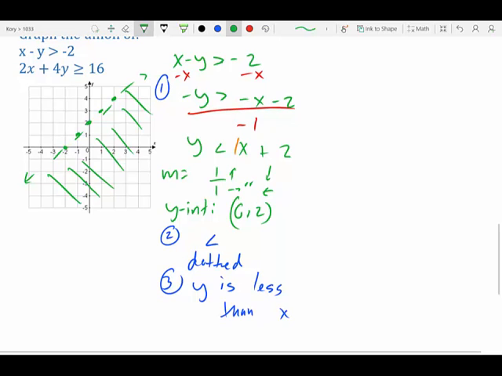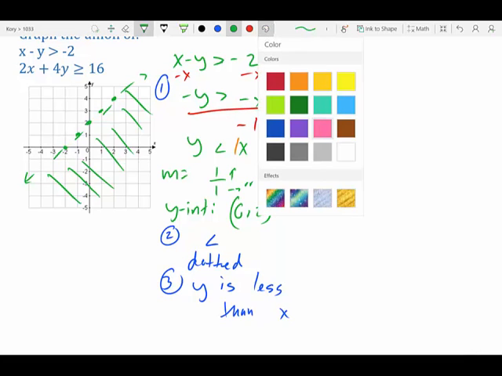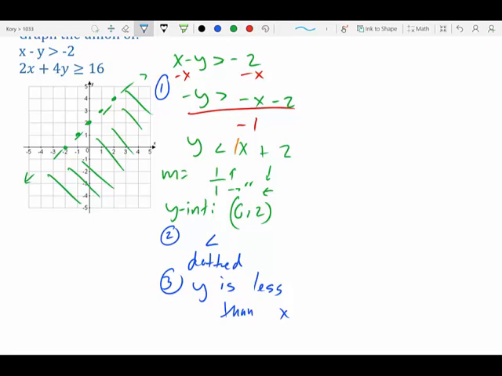Now we need to do this again for our second line. We'll make this one this nice blue. So our second line, we have 2x plus 4y is greater than or equal to 16. Not sure what's happening there. There we go. So we need to get y by itself by subtracting 2x.